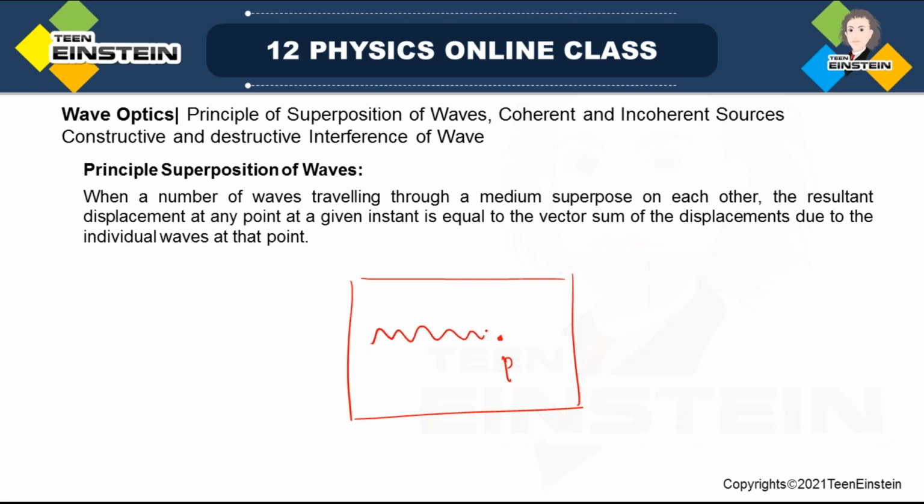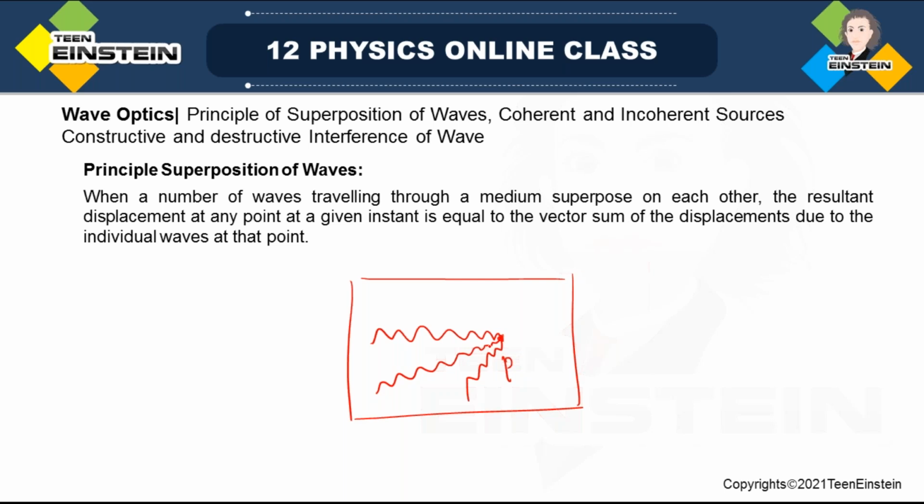If suppose they are traveling in the same direction and they are meeting at this particular point, this meeting at any point is called superposition.